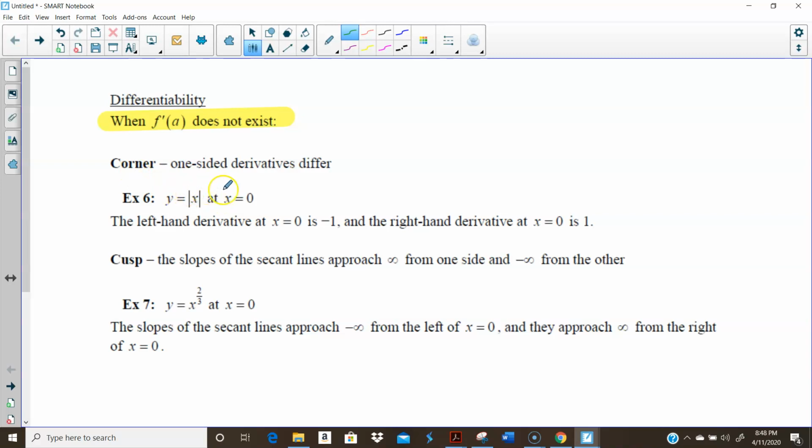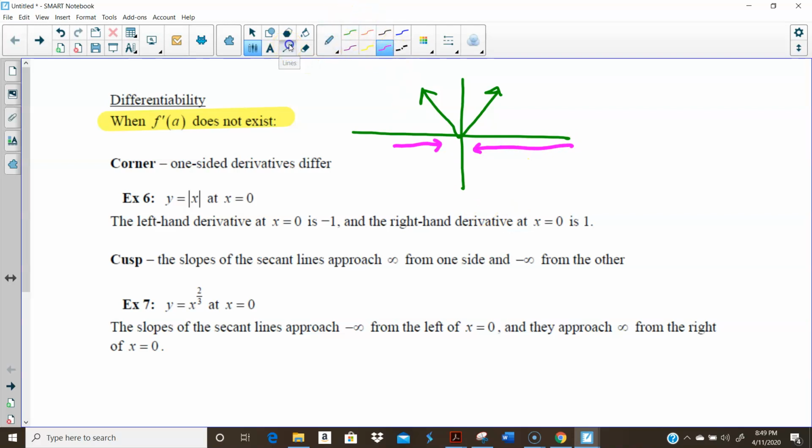So if you have y equals the absolute value of x, and I asked you to find the derivative. Just a reminder, this is what the absolute value of x looks like. As I'm approaching 0 from the left and the right, I want to know what the derivative is.